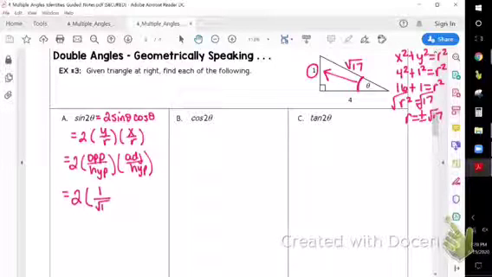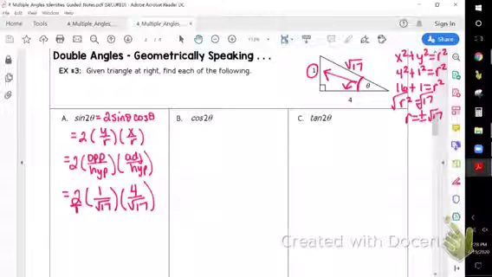Alright, so I'm going to plug that in here. Times adjacent. For my angle here, we can see that the 4 is adjacent over the hypotenuse, which we just said was square root of 17. And so now we're just going to multiply them. Well, remember with fractions, you multiply across the top and you multiply across the bottom. So I'm going to take this 2 and make it into a fraction. So I'm going to put it over 1.